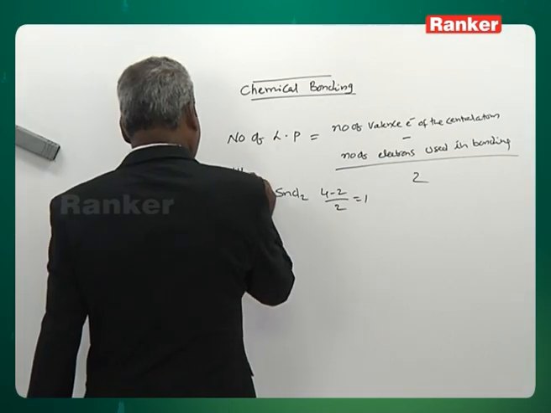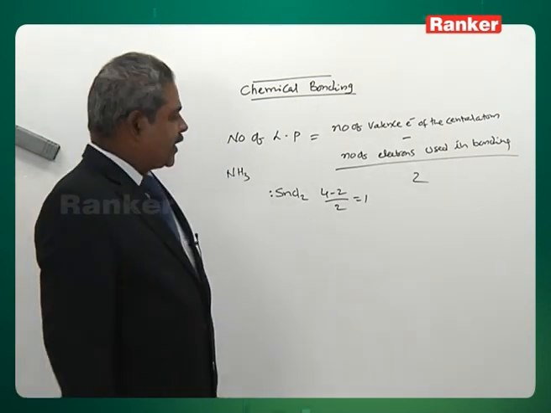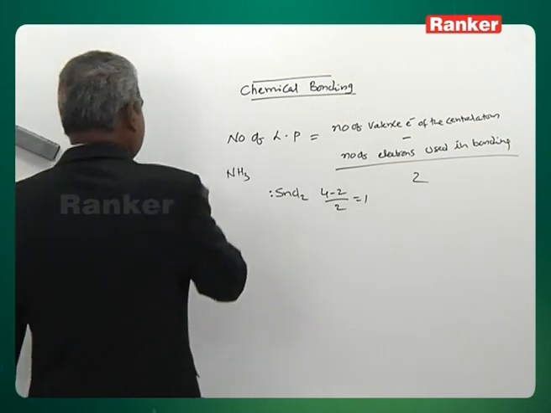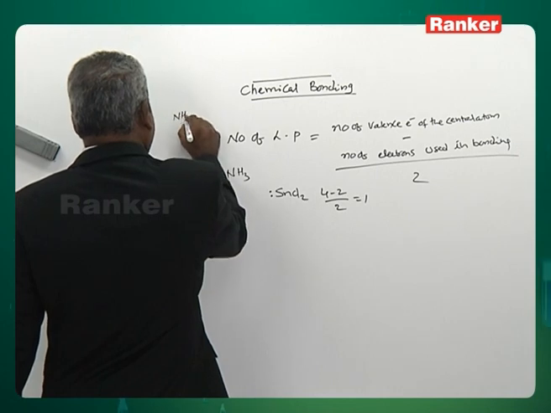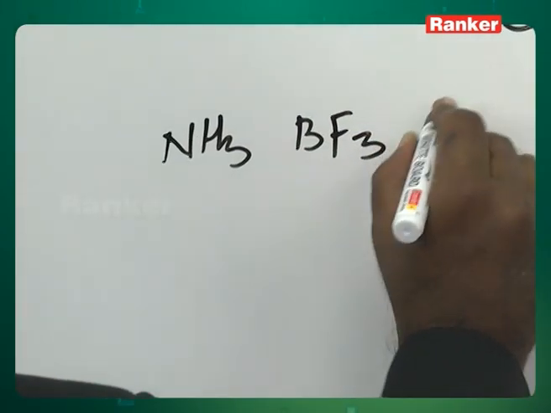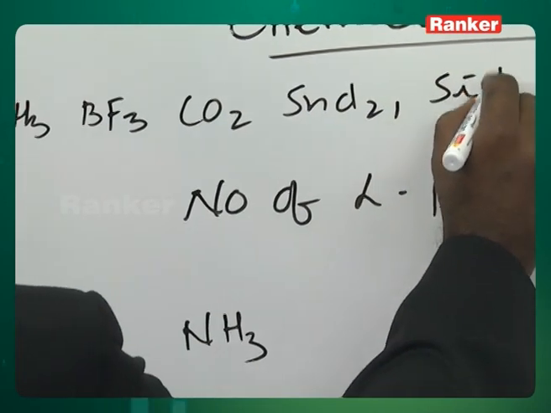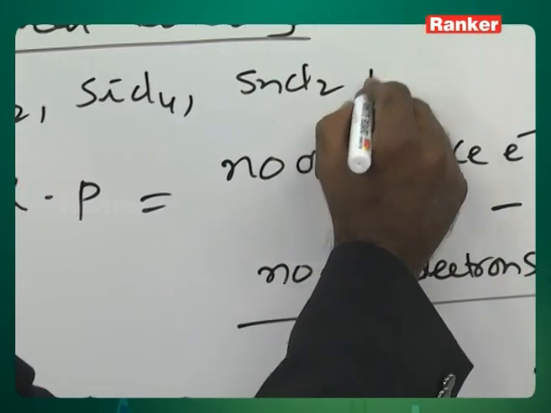NH3. So you take a host of molecules and practice all these on this. Don't do hundreds of questions. Instead of doing hundreds of questions, I will give you a host of molecules. NH3, BF3, CO2, SnCl2, SiCl4. Like this, you take so many molecules.